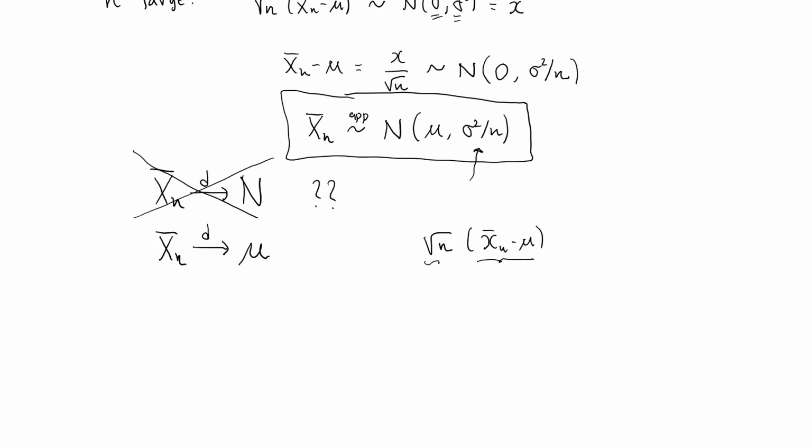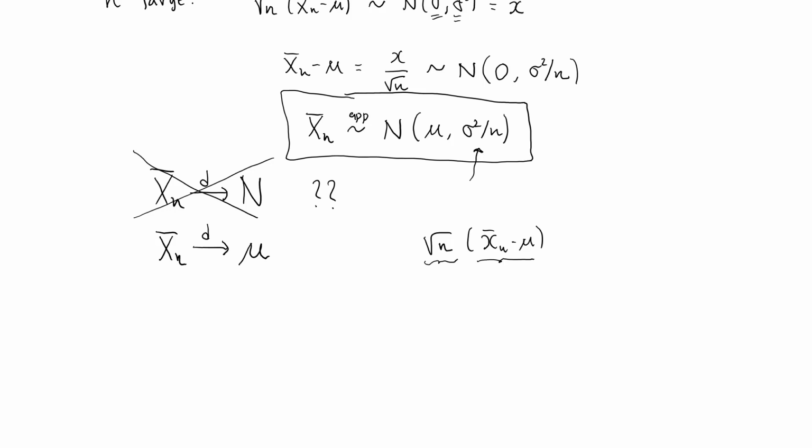This term here, square root of n, will counter that effect. Square root of n will become bigger and bigger as n increases, while the second term will become closer and closer to 0, and these two terms will balance each other out exactly to create a nice distribution. A distribution that will not collapse to a spike and a distribution that will not explode.